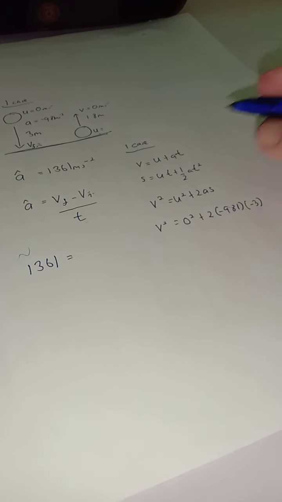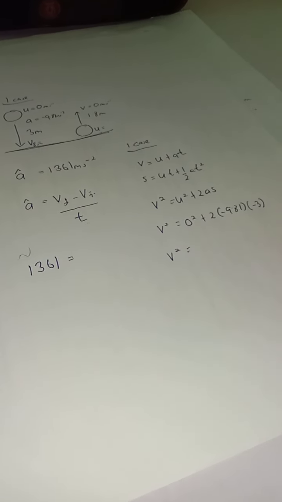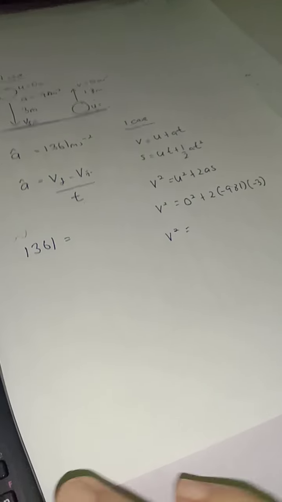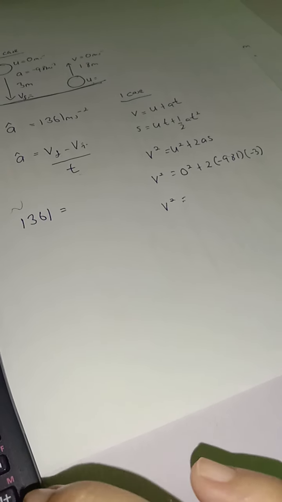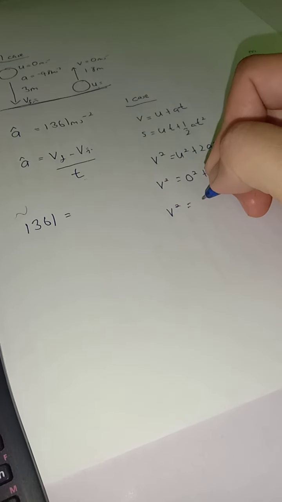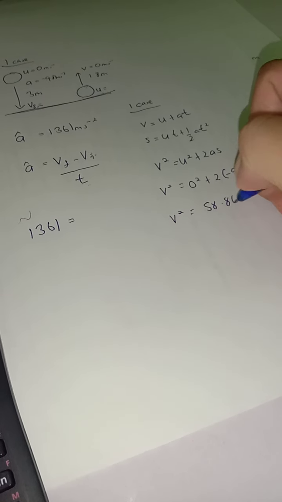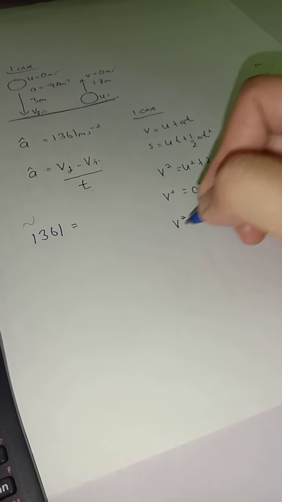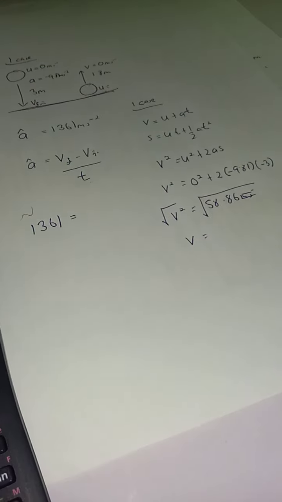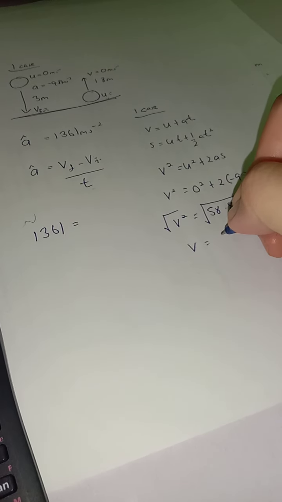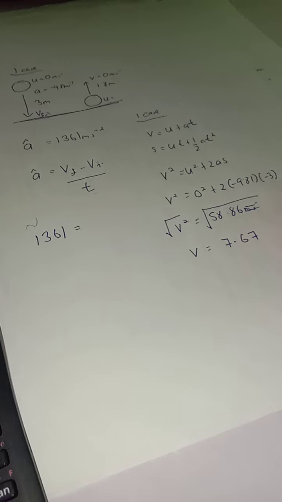You calculate and you get V squared = 58.86, but then this is squared, so we need to square root it, and we get 7.67.